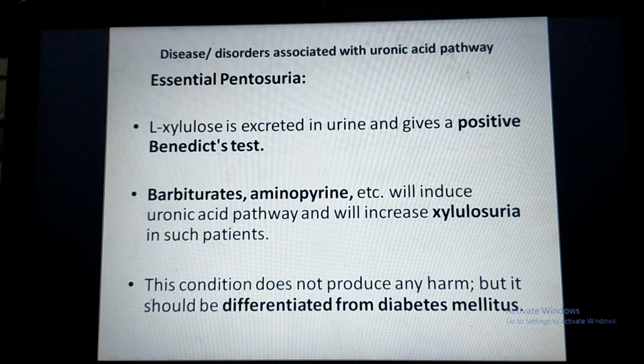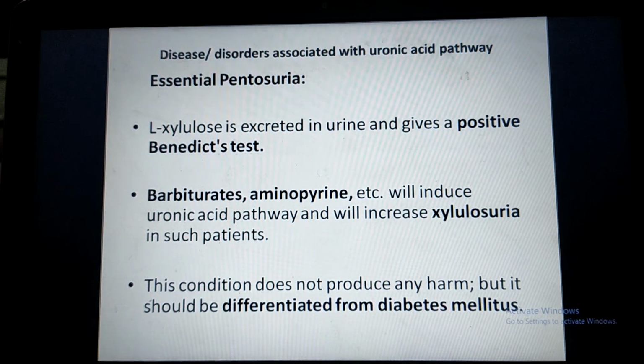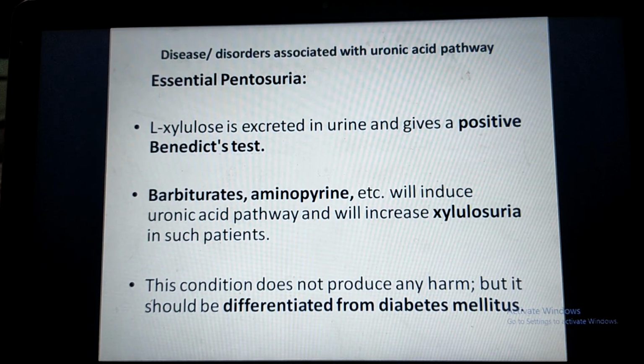This essential pentosuria is not harmful to the body, but it has to be distinguished from diabetes mellitus, because when we get Benedict test positive, then we think about the excretion of glucose in the urine, and we will misdiagnose such a patient as a diabetes mellitus patient. Therefore, this condition has to be ruled out from diabetes mellitus.